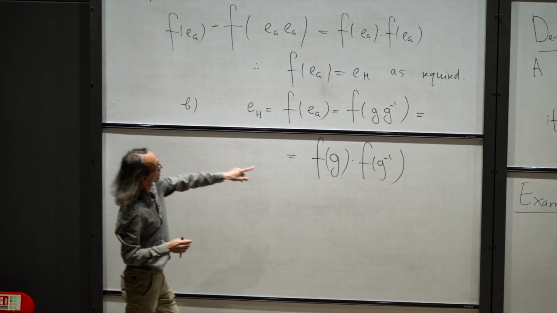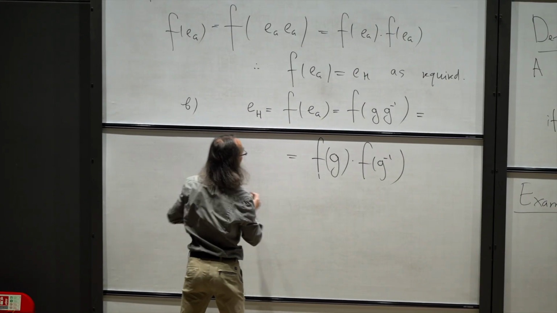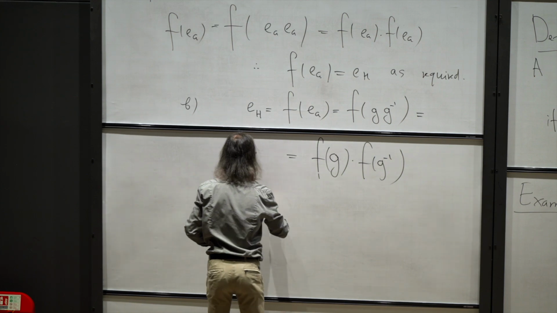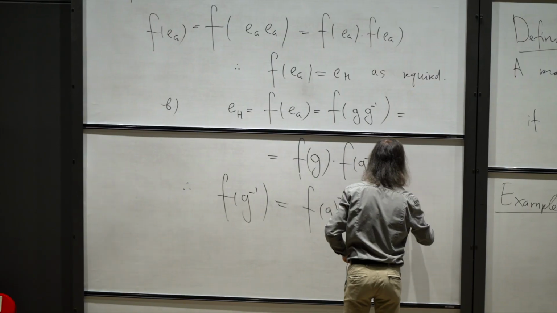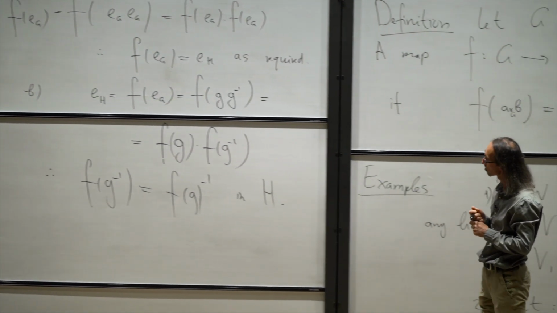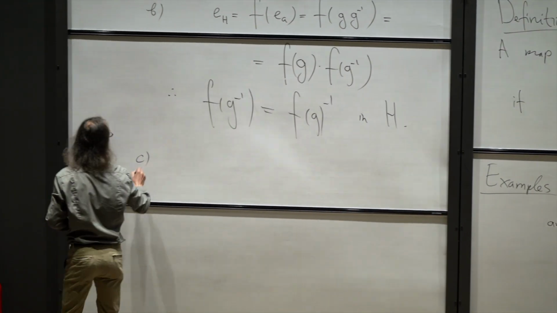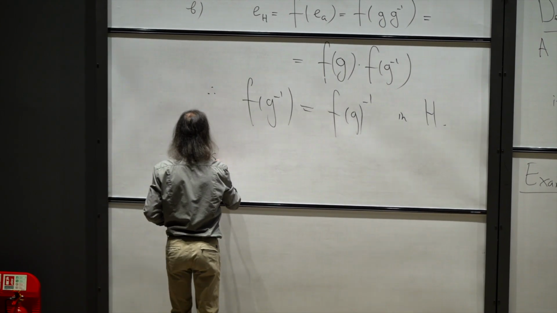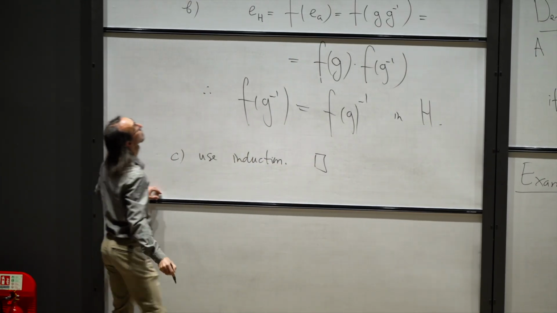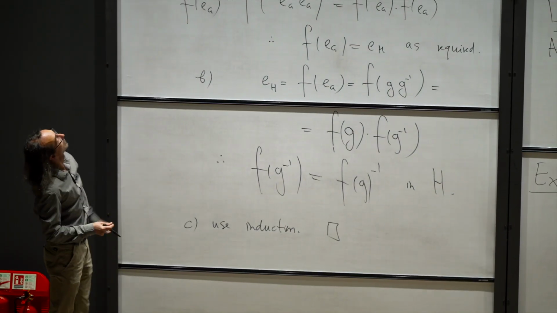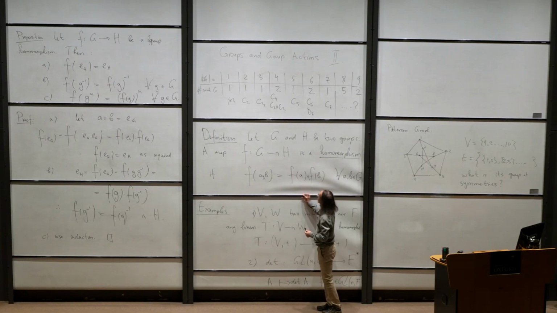So these elements together multiply to the identity of H, therefore they're inverses of each other. So f of g inverse is the inverse of f of g in H. And I'll leave the proof of c for you: just use induction, it's an obvious induction.